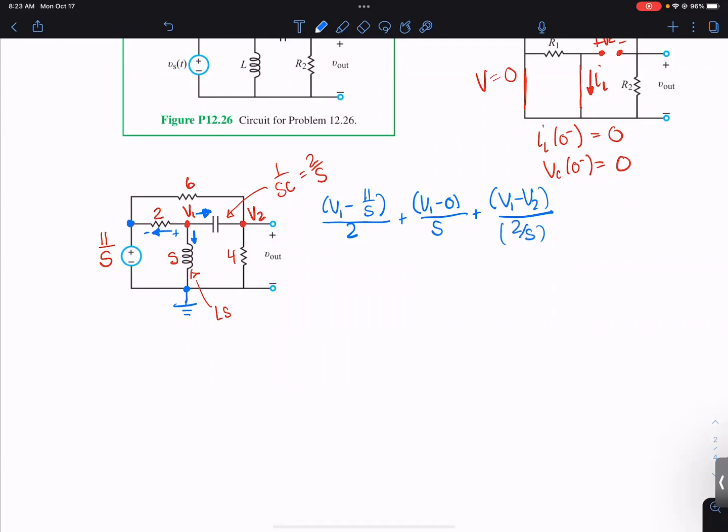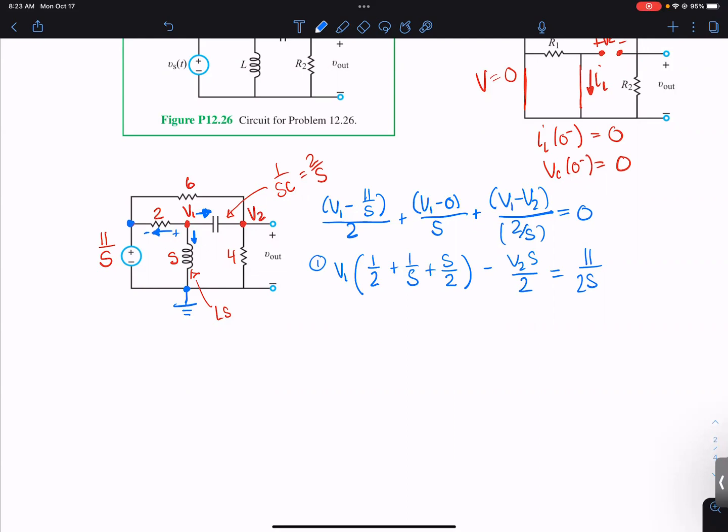Correct, 2 over S. And that's one of my equations. And then I'm just combining all of those together for V1.